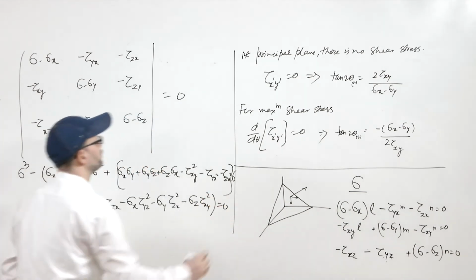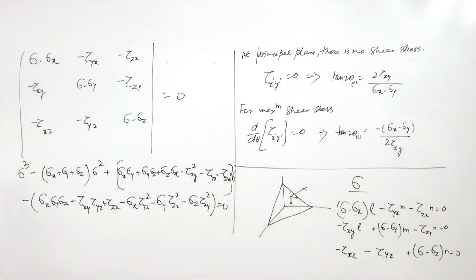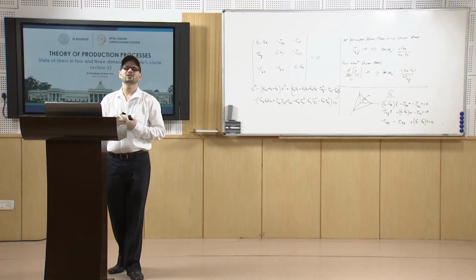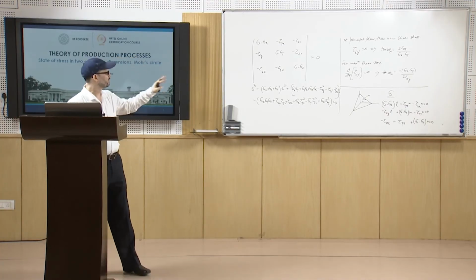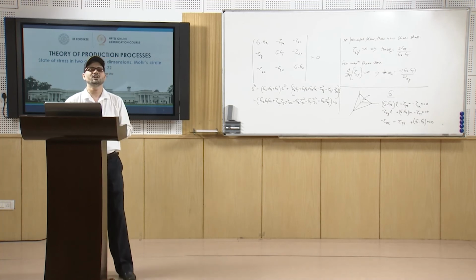So, this has to be equal to 0. That's how you solve these 3 equations, and you get this equation and the 3 roots.